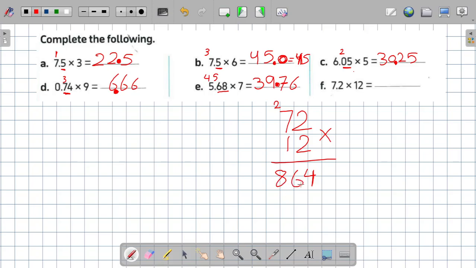So I have 864. And here I have 1 digit before the decimal point, so I will write the decimal point after 1 digit. So I have here 86.4. And this is the result. Okay.